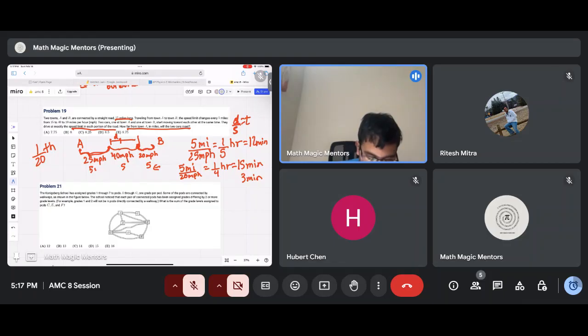So 1/20th of an hour times 40 mph, because now she moves at exactly the speed limit, which is 40 miles an hour. That's going to give us that she travels 2 miles, right? So she travels 2 miles of the 5 miles that the road is long, right?